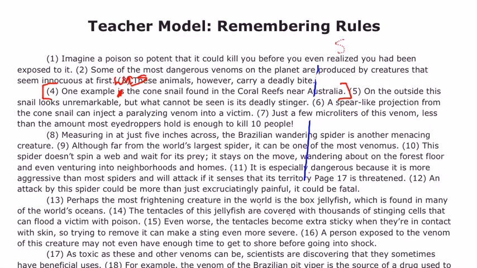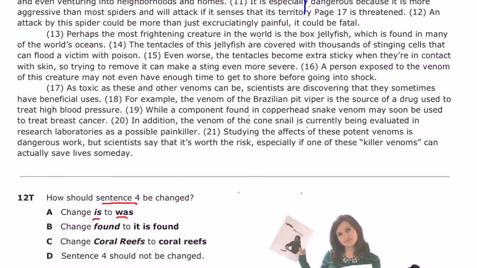The one that's closest is carry, right here in the sentence just before, in the paragraph before sentence 4, and then another one is looks in the sentence just after, in the same paragraph as 4, and both of those are present tense. Is a present tense verb. Was is past, so I know that's not going to be my answer. So I can eliminate A confidently.